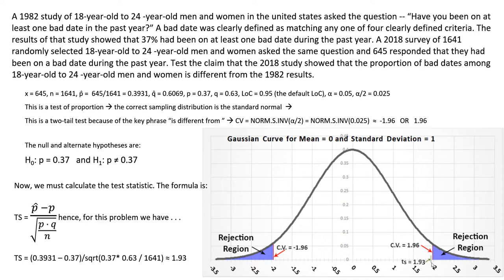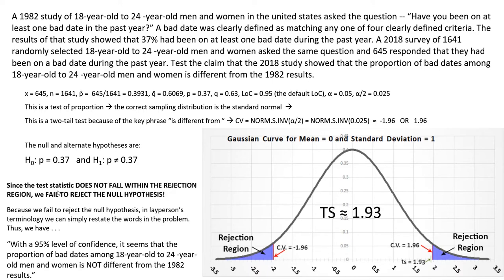It's just slightly outside of the rejection region on the right-hand side, right over here. What do we do in a case like that? Because none of the previous problems had that. In a case like that, when the test statistic does not fall within the rejection region, we fail to reject the null hypothesis. In other words, we cannot reject that things are the same as they always were.